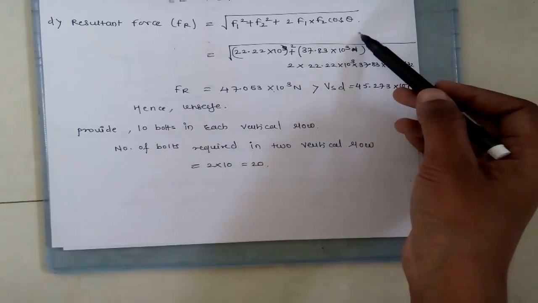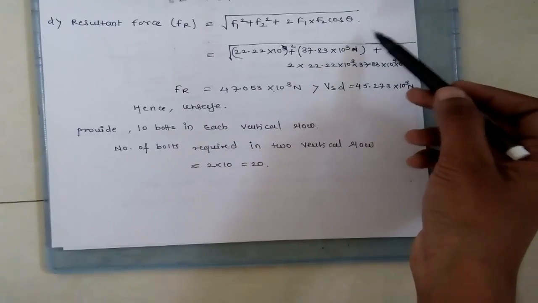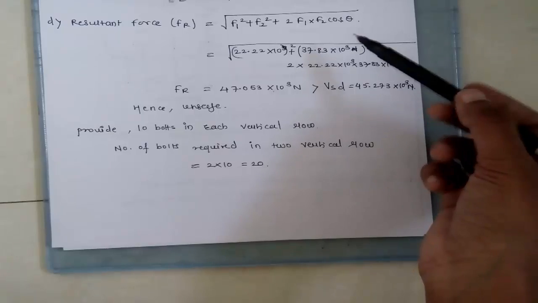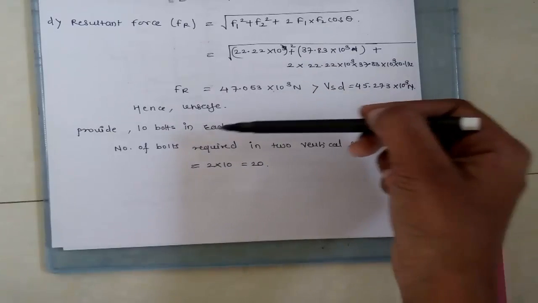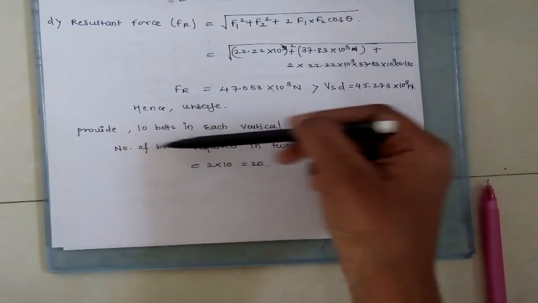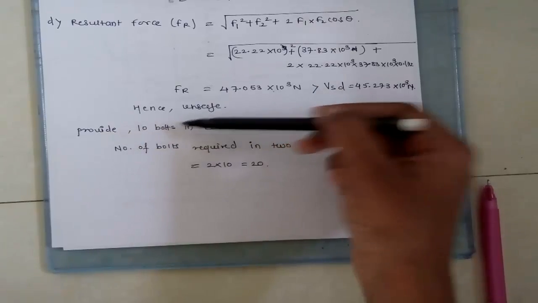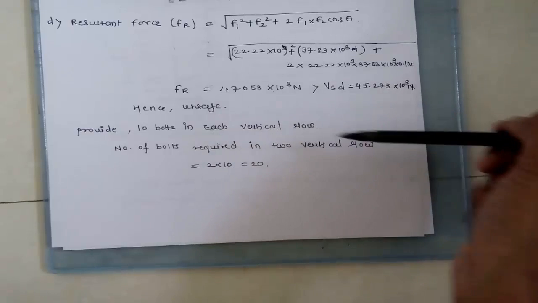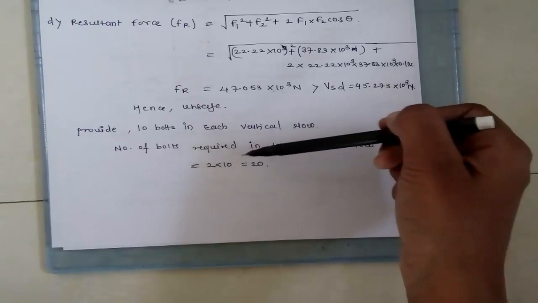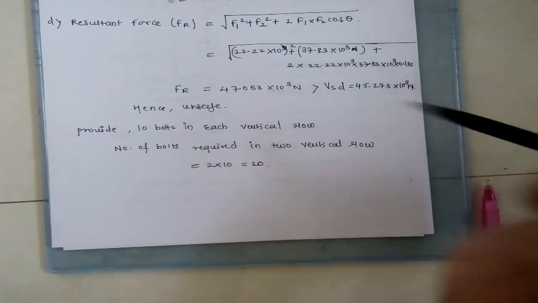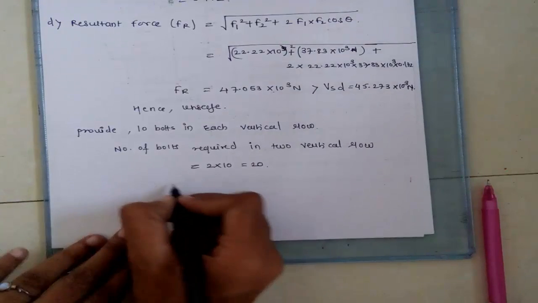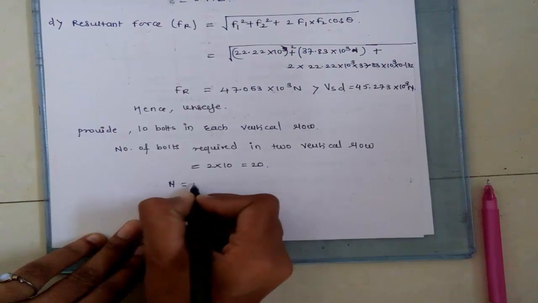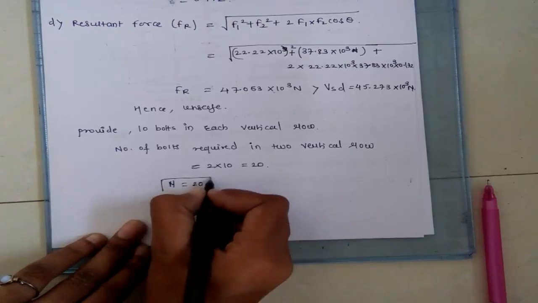In this numerical, we assumed 9 bolts. After that, since an even number is suggested, we take 10 bolts in each vertical row. So the number of bolts required in two vertical rows is 2 into 10 equals 20. In the bolt group, n equals 20.